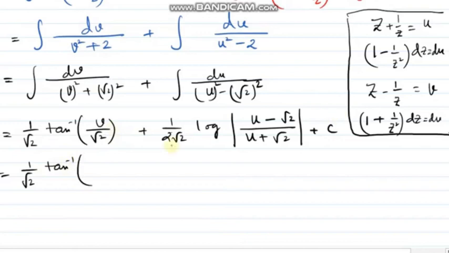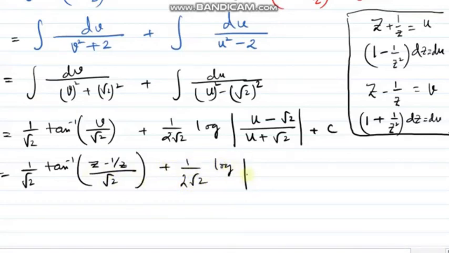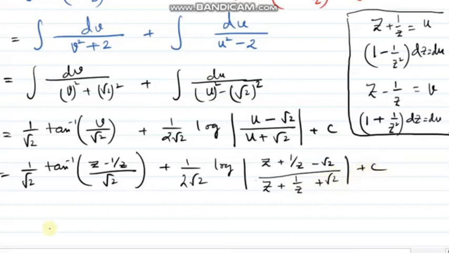What was your v? z minus 1 divided by z, by root 2, plus 1 divided by 2 root 2 log of, what was your u? z plus 1 by z minus root 2 divided by z plus 1 by z plus root 2, plus c. For both, inside this bracket, I am going to multiply numerator and denominator by z.